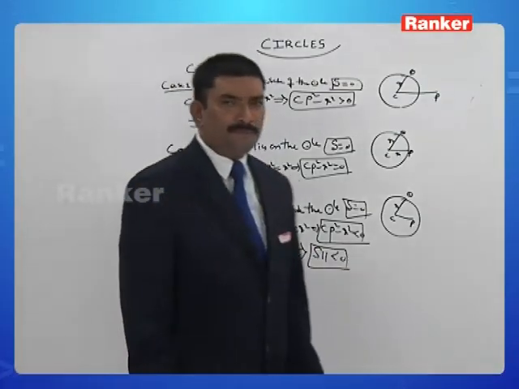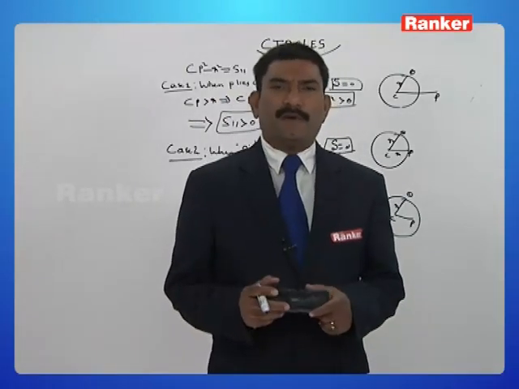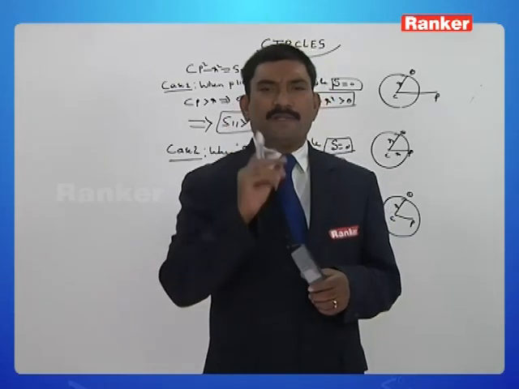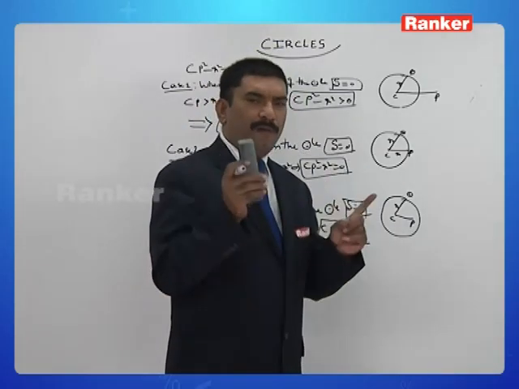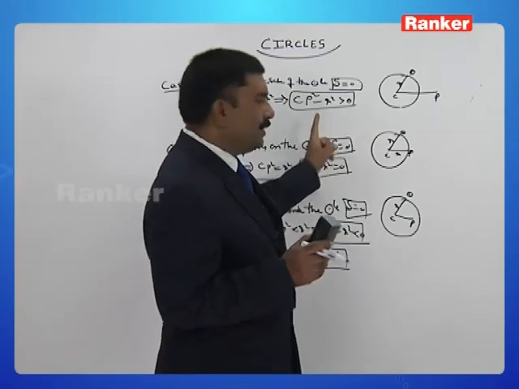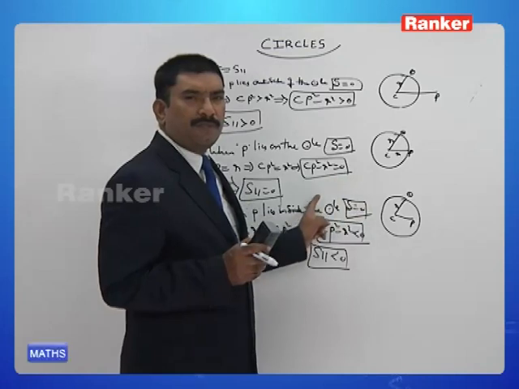Yes, we have come across the position of a point with respect to the circle. When the point lies outside the circle, S11 is greater than 0. Next, when the point lies on the circle, S11 is equal to 0.